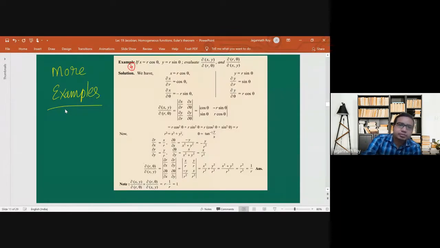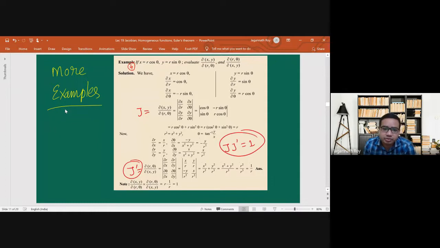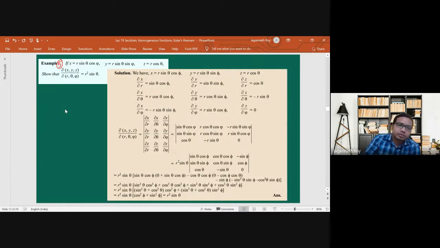Now for another example, it is to show that if this is J and this is called J prime, that is the inverse. There is a relation that J J prime will be 1. As a property of the Jacobian.